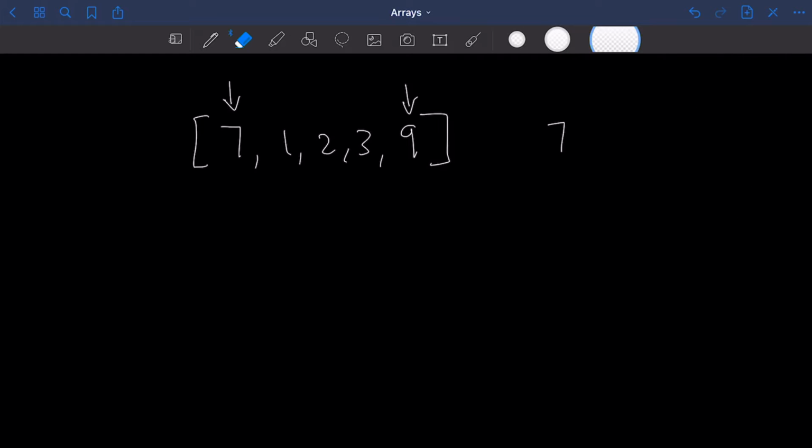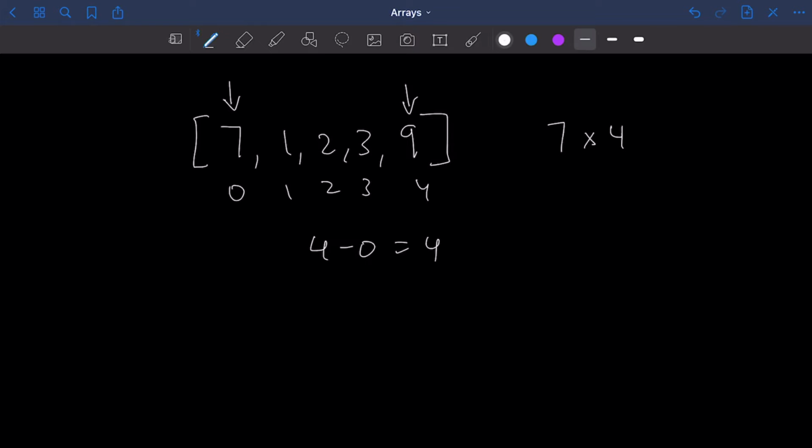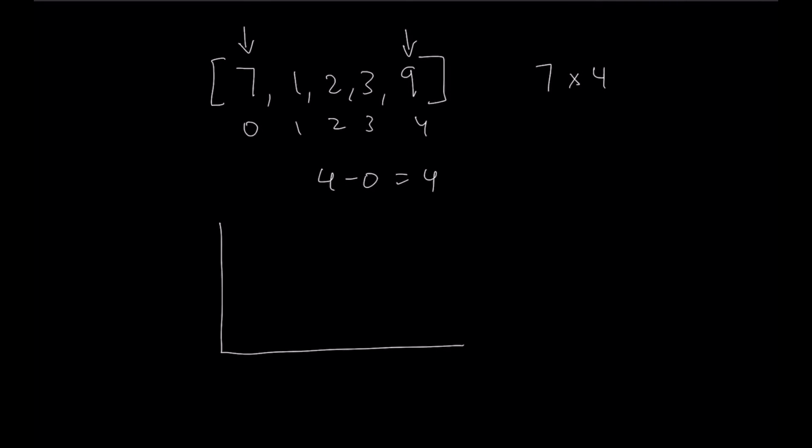But what about figuring out the width, which is the distance between these two elements? How do we get this value? Well, this is easy by just subtracting the indices. So here, if this is 0, 1, 2, 3, 4, we simply subtract 0 from 4, which gives us the distance. And we can justify this if we look at this on our chart.